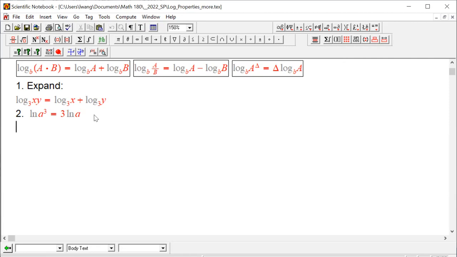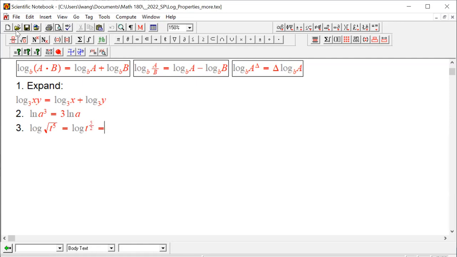All right, let's look at example number 3. Suppose we have common log of t to the power 5. To expand is to write it down as log of t to the power of 5 divided by 2.